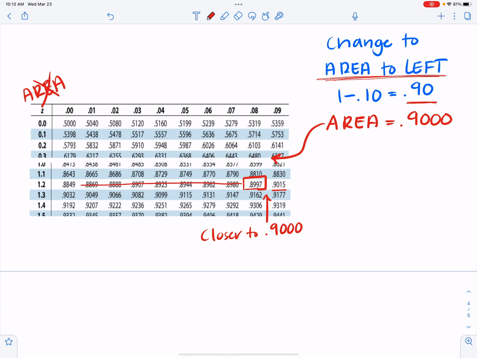And using the row and the column, I'm going to write the corresponding z. So the row to 1 decimal place, 1.2. The column, 2nd decimal place, is an 8. And now I have found the z-score.